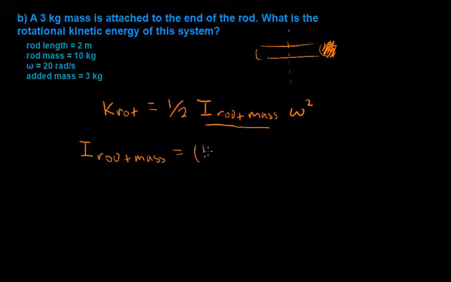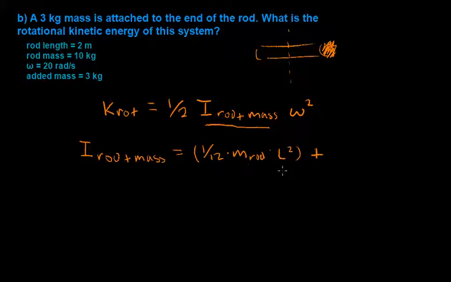The moment of inertia of our rod from before was 1/2 times the mass of our rod times the length of our rod squared, but when we add an object to the system that we're spinning about, we literally add all of the moments of inertia together.